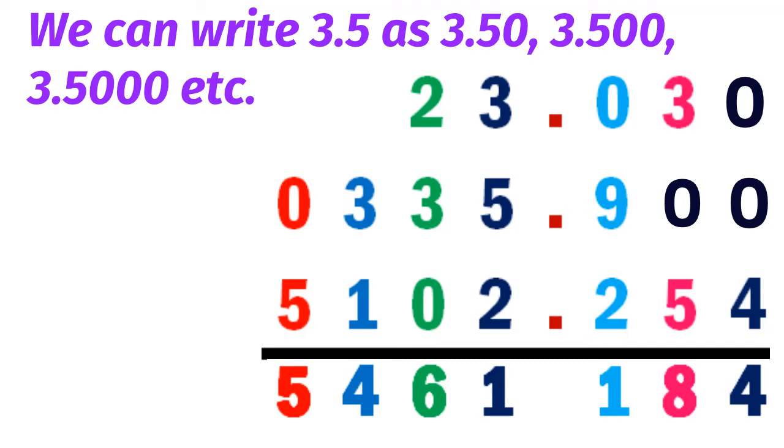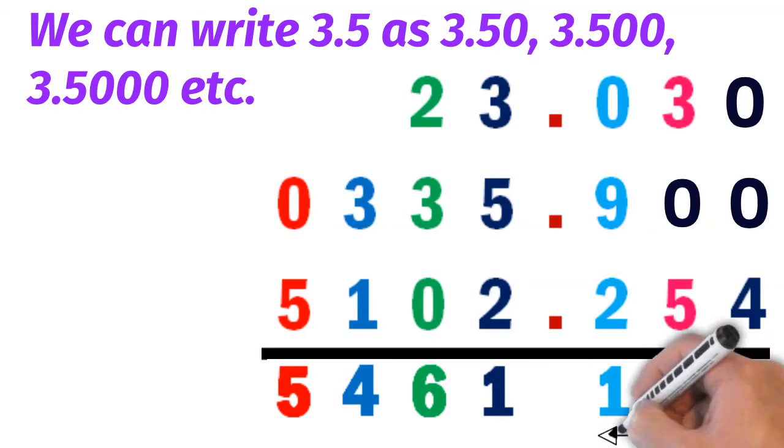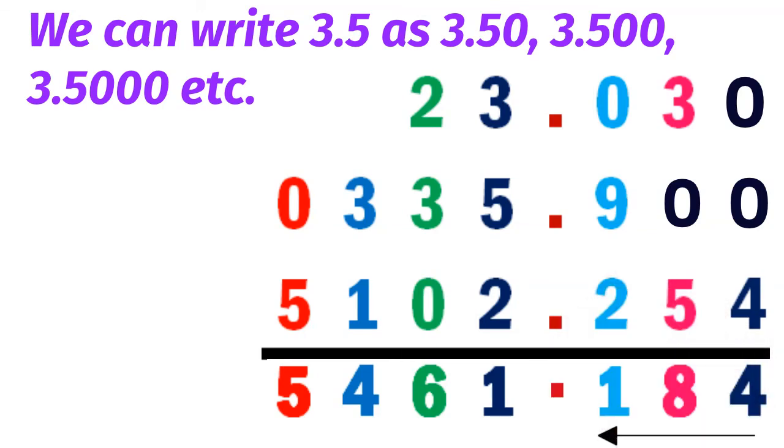As here, the number of digits to the right of decimal points of decimals we added is 3. We have to put the decimal point by counting 3 places from the right. And the result is 5461.184.